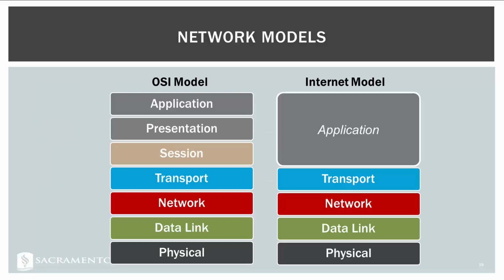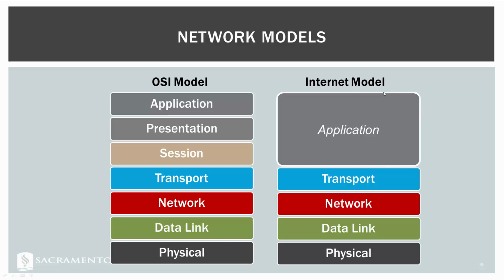All right, so here are the two models. The OSI model's on the left, the internet model's on the right, and there are some differences here. I'm simplifying away a few, but the main difference is that in the OSI model, the top three layers are separated by some functionality, whereas in the internet model, that's all smashed together.